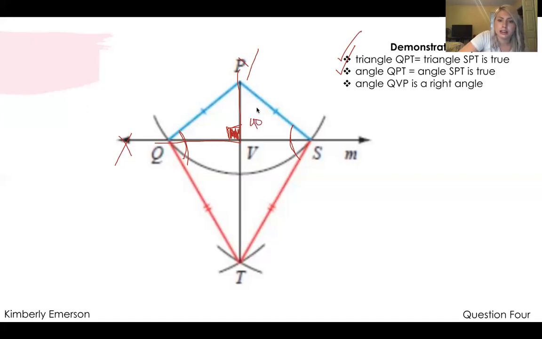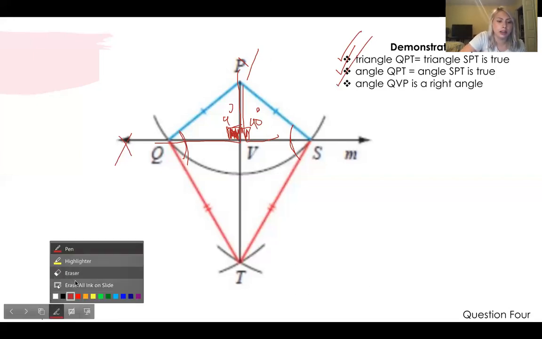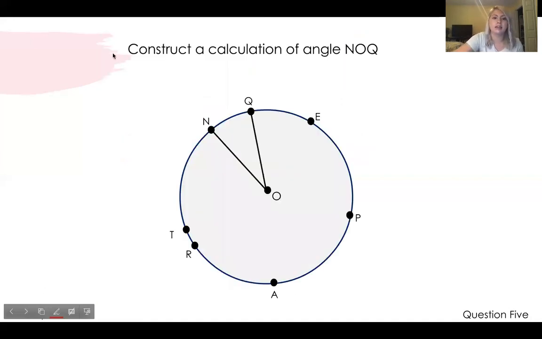And we could say PVS as well as QVP is a right angle as well, and it also equals 90 degrees because they are congruent to each other. So we can check that out as well. It's pretty easy.